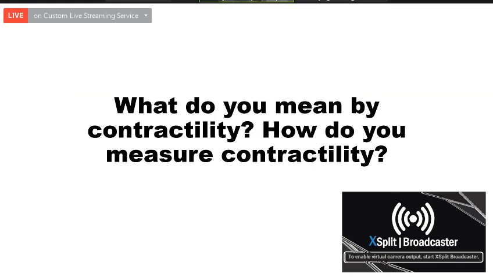Contractility is defined as the intrinsic property of the myocardium to contract, independent of the loading conditions. That's the most important thing. Loading conditions can always influence the force of contraction of the myocardium. Preload. If there is an increase in preload, according to Starling's law, the force of contraction can increase.